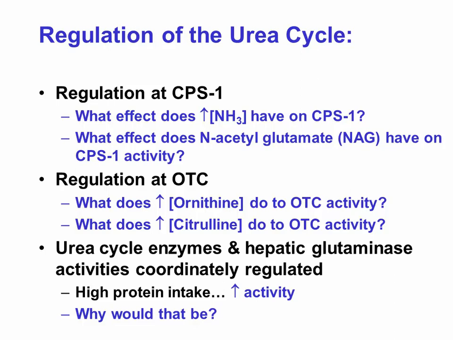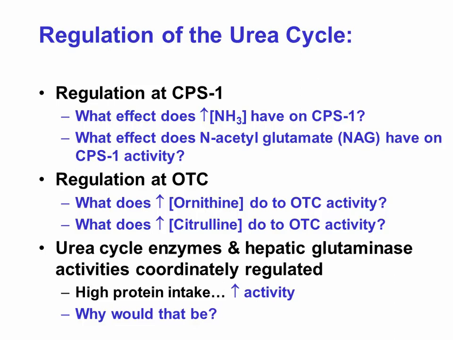What does high ornithine do to OTC? It's going to increase its activity because it's the substrate. And citrulline is the product. If that's building up for whatever reason, it's going to feed back and inhibit the enzyme. Y'all with me? Okay. So those are easy ones.